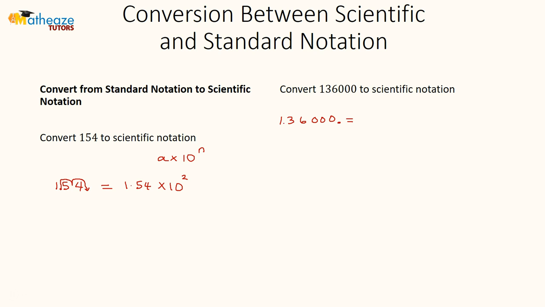So I'm going to put a decimal point right here, and then I'm going to figure out what I need to do to get the decimal point to its original location. So we have 1, 2, 3, 4, 5. So it's 1.36 times 10 to the power of 5.